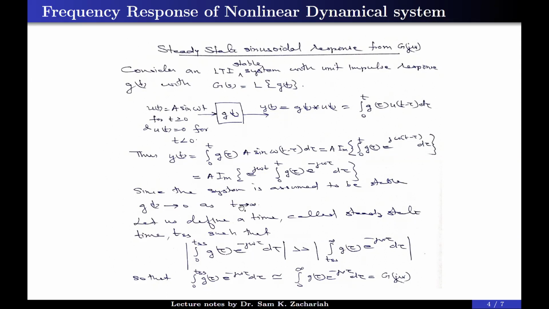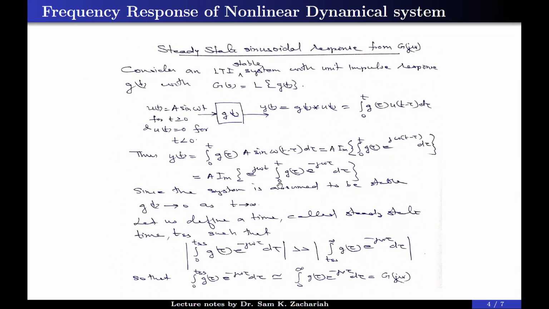Thus, using this property, we can define a time called T_SS. That is, let us define a time called steady state time, T suffix SS, such that beyond the steady state time, if you integrate this part, I am going to take the integral for the entire infinite interval, 0 to infinity.